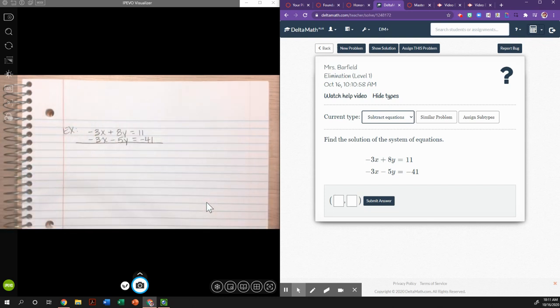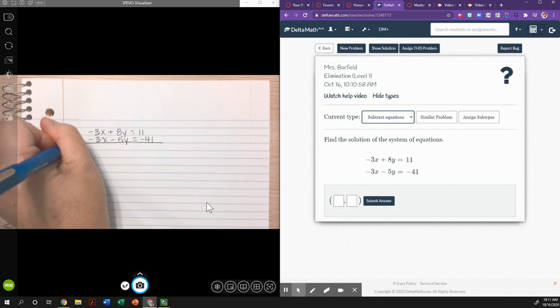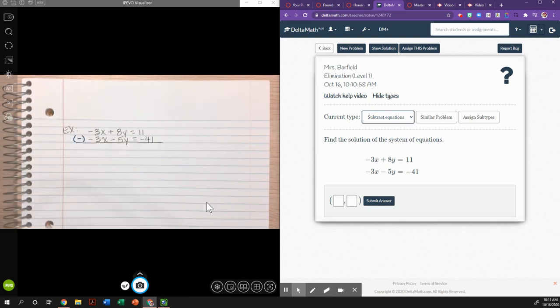I've already told you that we're going to be focusing on subtraction, so you don't have to focus on which type just yet. We'll get to that as we get to more difficult problems. Right now we're just going to focus on how do we subtract and how do we subtract correctly.